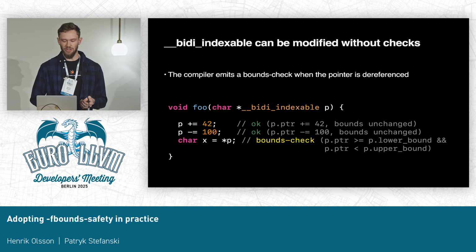It doesn't emit the bounds check during reassignment, however, because if the pointer is out of bounds, that information can still be stored in the pointer, so that if you later access the pointer, the error will be caught at that point. This differs from normal C in that in normal C, it's undefined behavior just to construct a pointer that's out of bounds, but here that's completely fine.